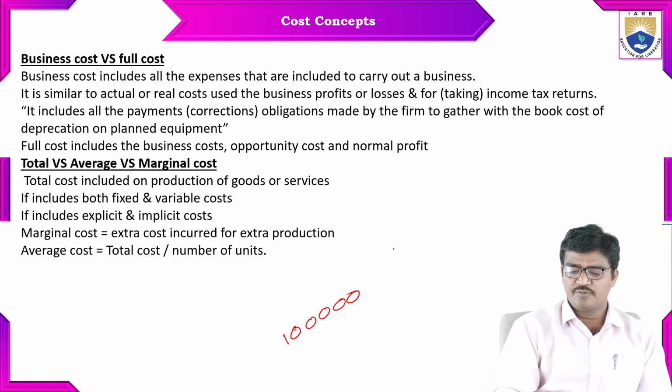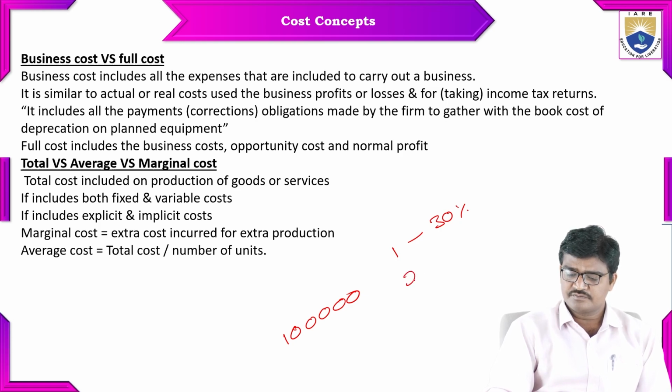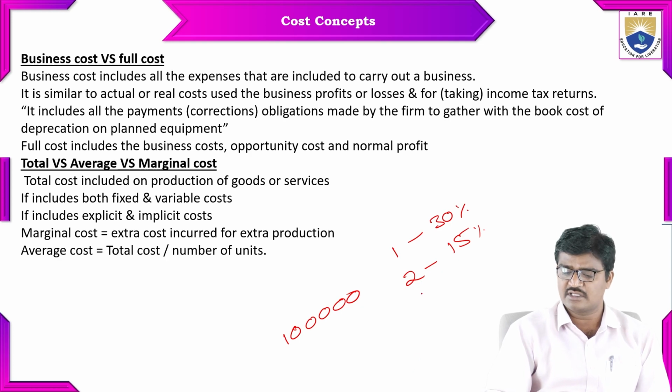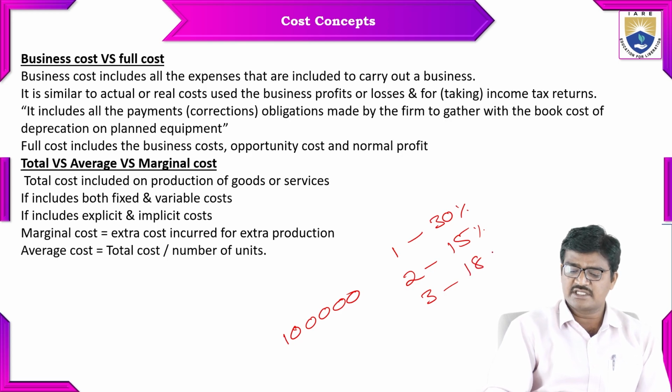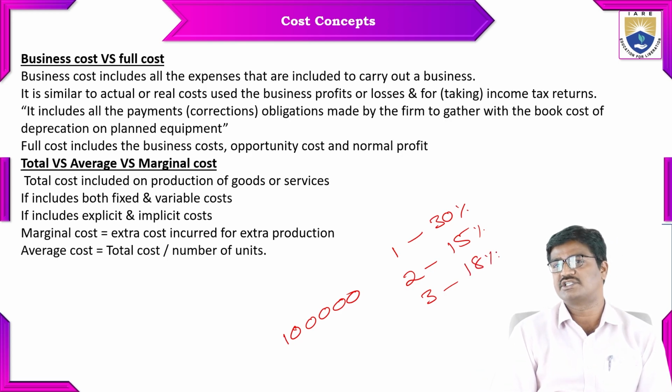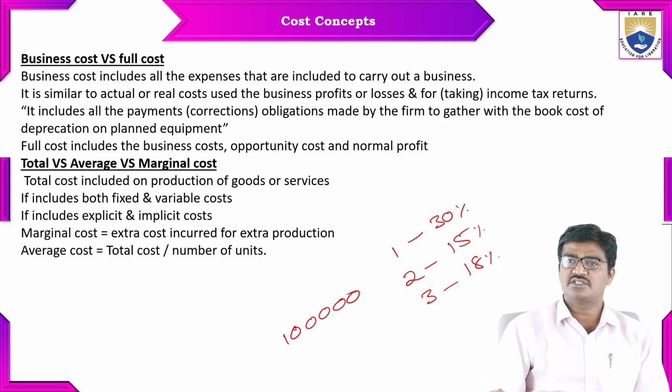You may invest in business and get some amount of money, for example 30%, or you may invest in fixed deposits and get 15% of return, or you may lend it to outsiders for interest and get 18% of return, means 1.5 rupees interest rate. So like this you have a number of alternatives.